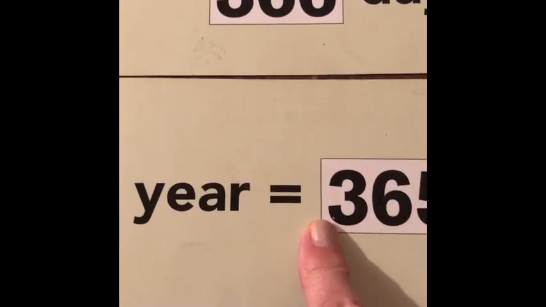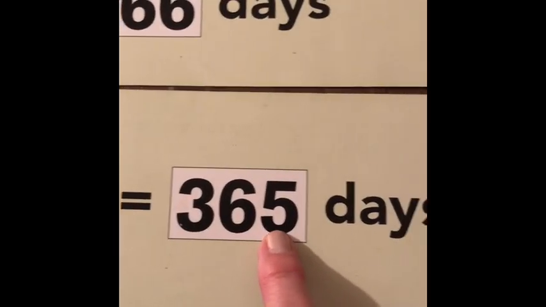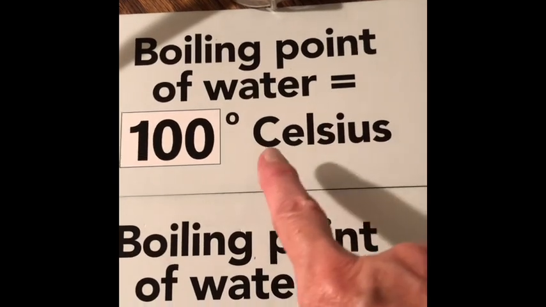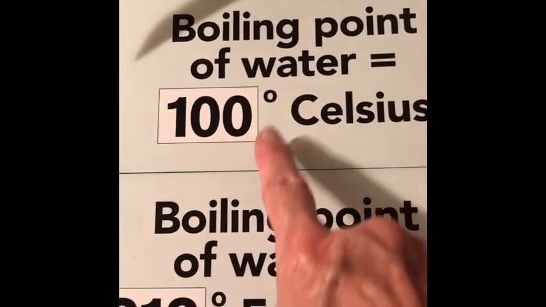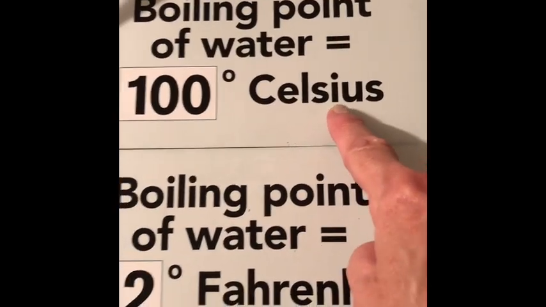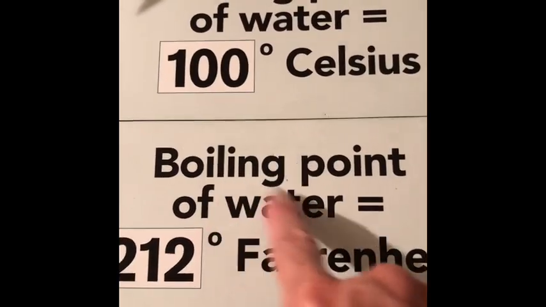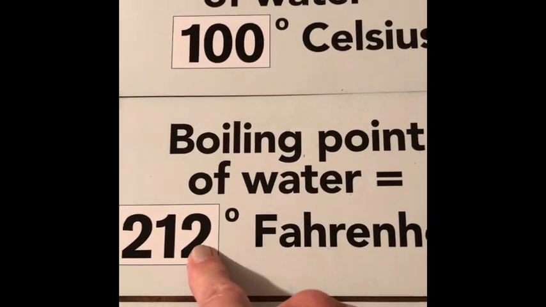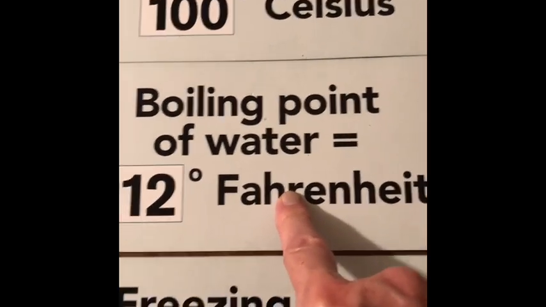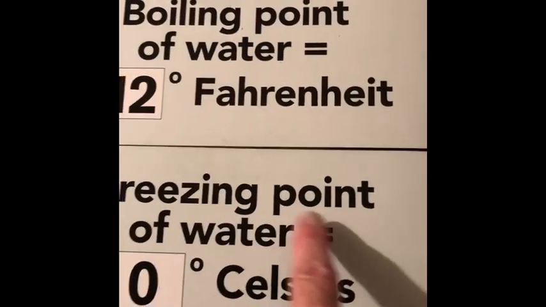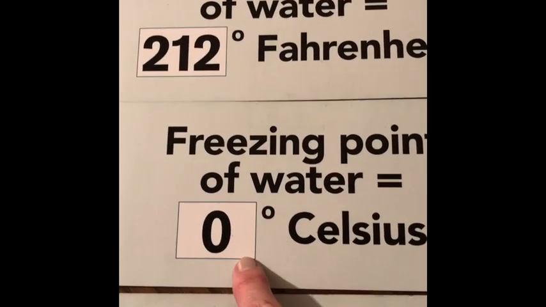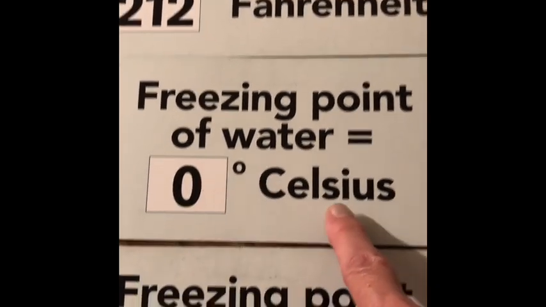1 year equals 365 days. Boiling point of water is 100 degrees Celsius. Boiling point of water is 212 degrees Fahrenheit. Freezing point of water is 0 degrees Celsius.